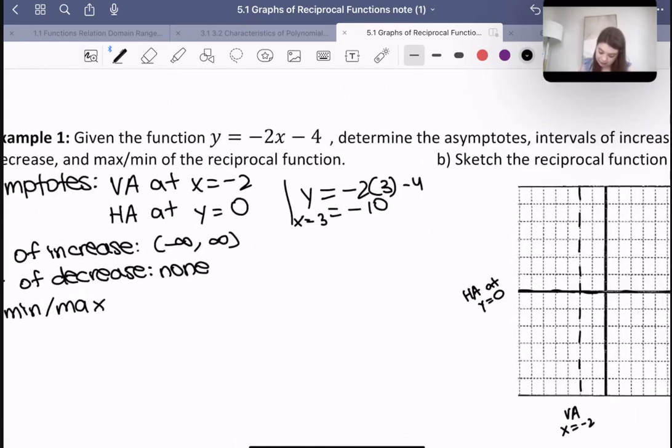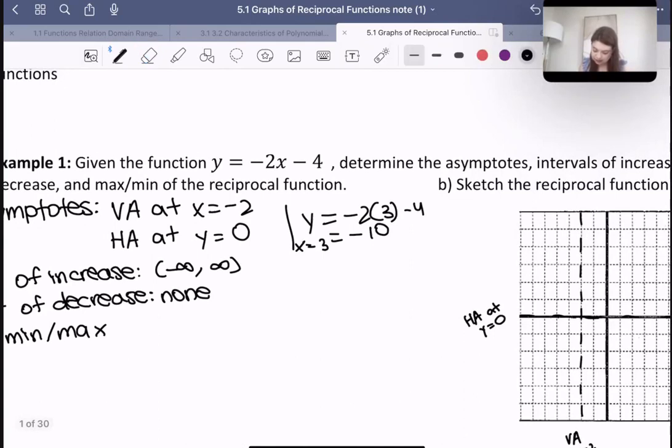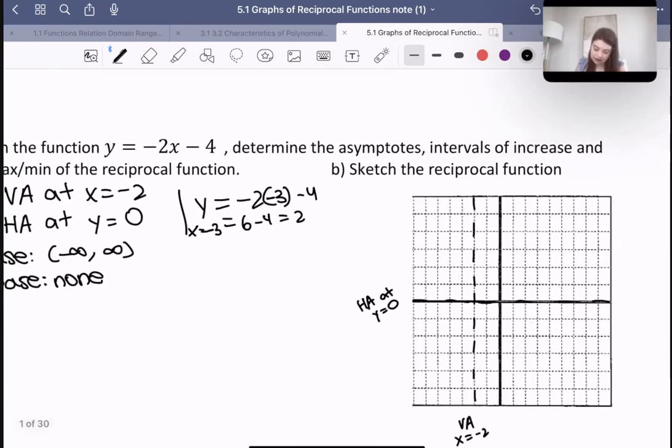What about -1? Oh no, I've done this incorrectly. My apologies. I looked at 3. I meant to look at -3. So this should actually be 6 minus 4, which is 2. So that means that at x equals -3 on our original function, we would get 2.